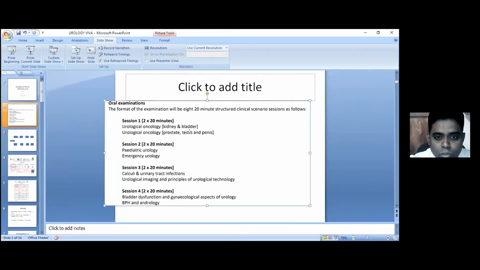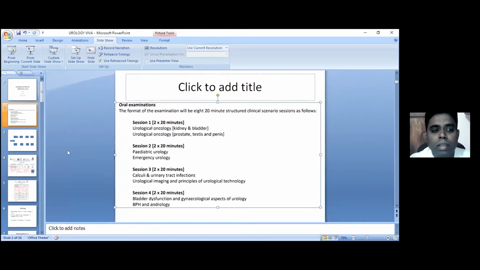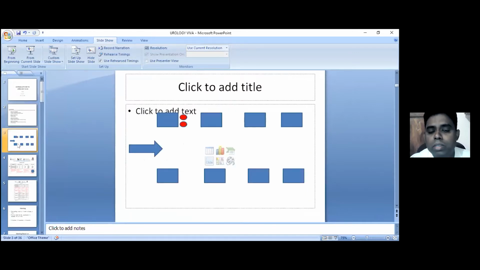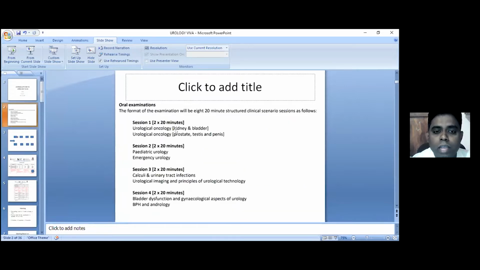Right, so there will be 8 tables like this, with 2 examiners at each table. Each table has, for example, uro-oncology 1 and uro-oncology 2. So you have to know which table you are in.